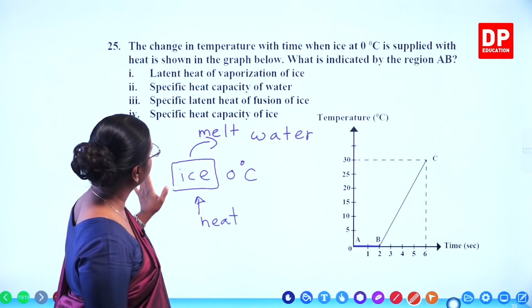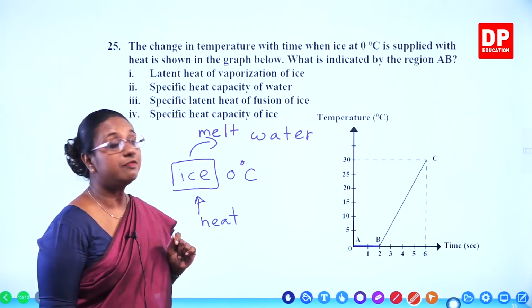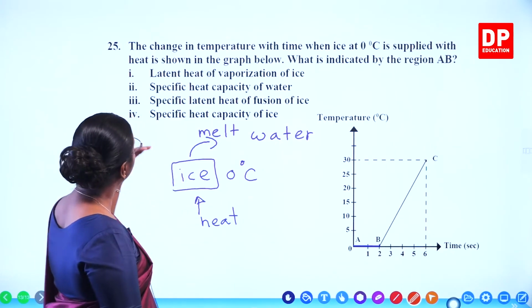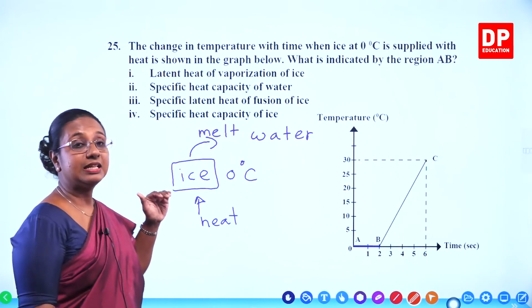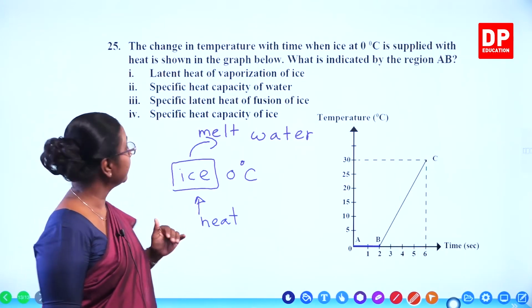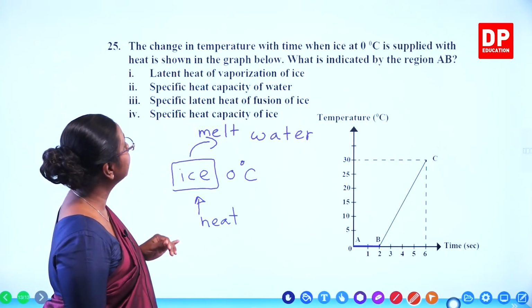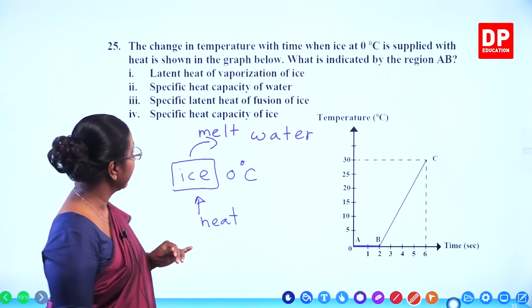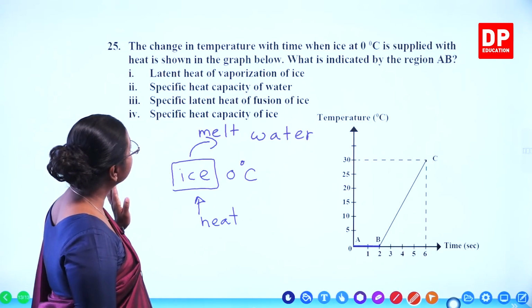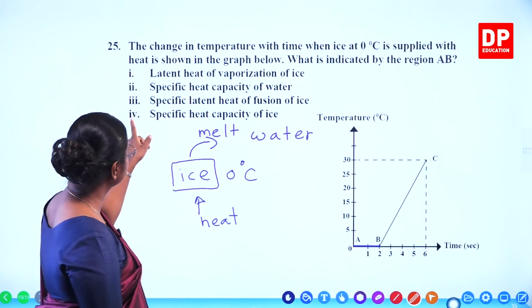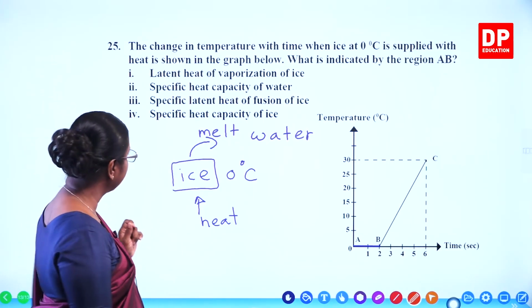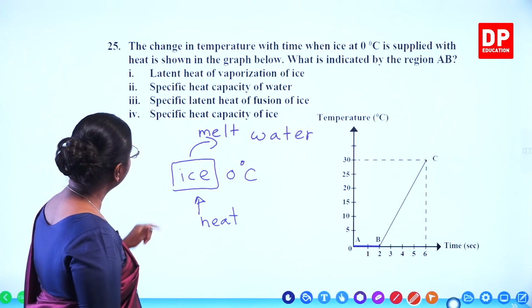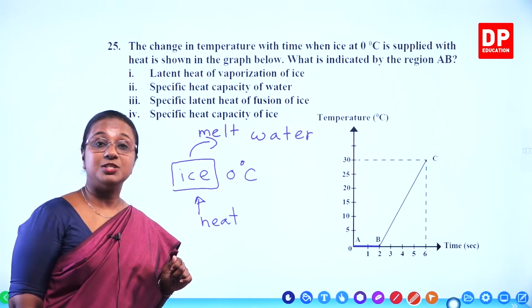That is correct. Although the mass is not given to us here, we know that the temperature is 0 degrees Celsius, so it has to be the latent heat of fusion of ice. Since that answer is given to us, we can select it as the correct answer. The fourth one is the specific heat capacity of ice.